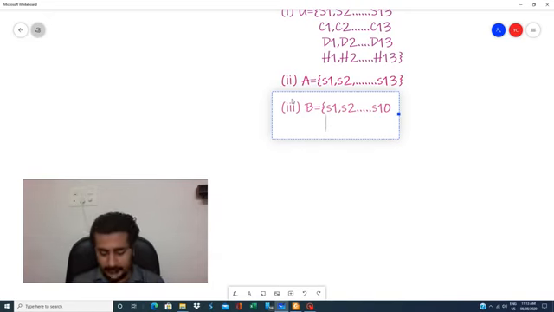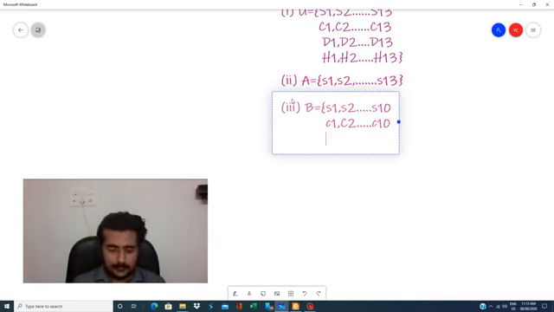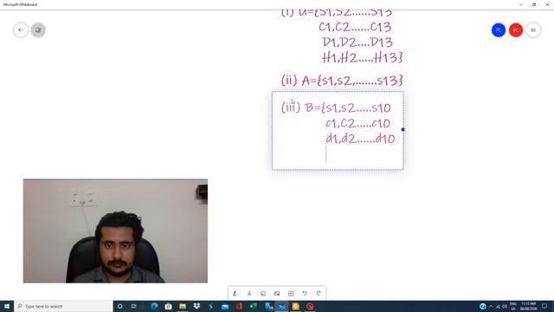Same way C1, C2, and it goes up to C10. Same way D1, D2, up to D10, H1, H2, up to H10.